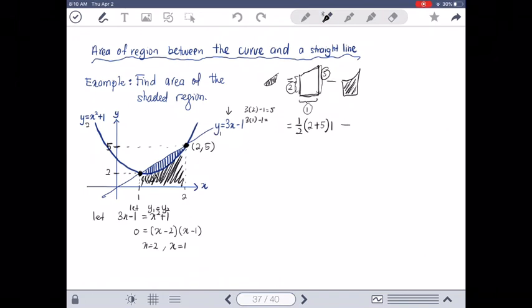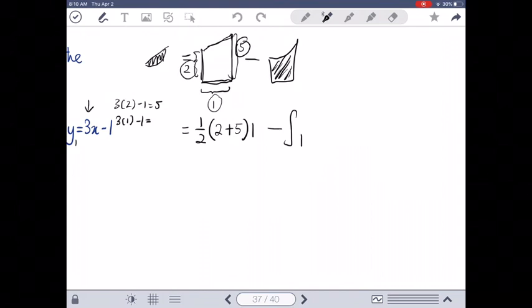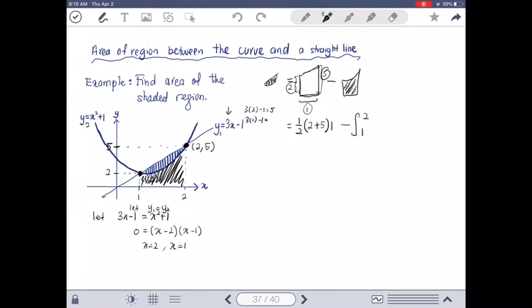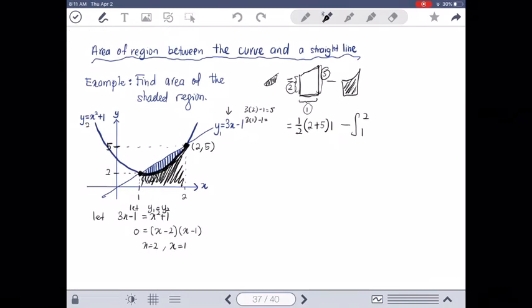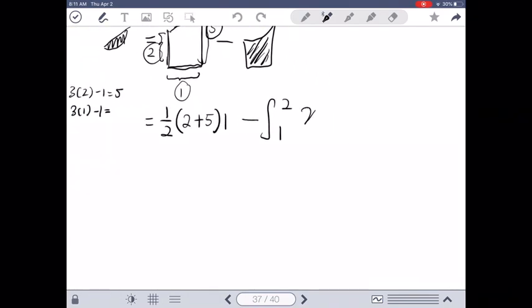area under the curve, which is just the integration from 1 until 2 of the function below the curve. The function of the curve means that it equals the integration of the function of the curve, x squared plus 1, with respect to x.